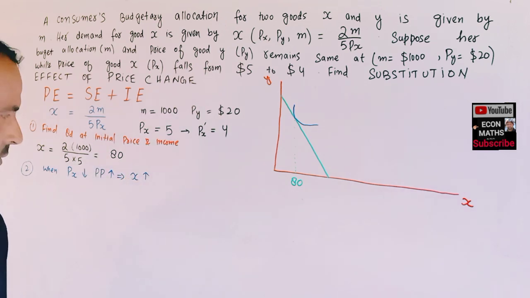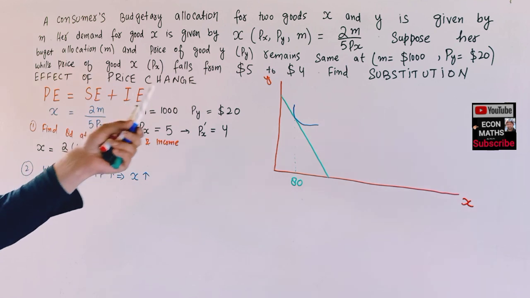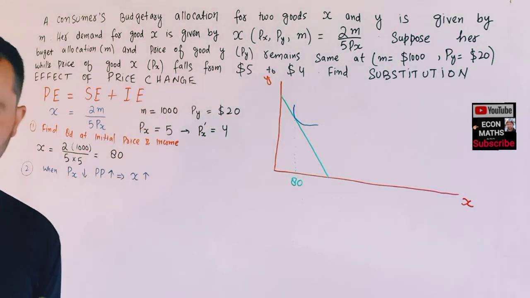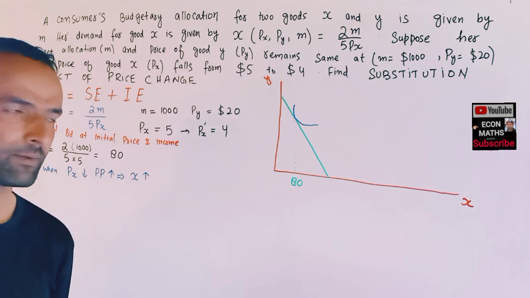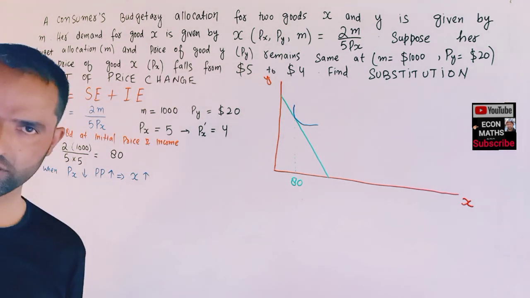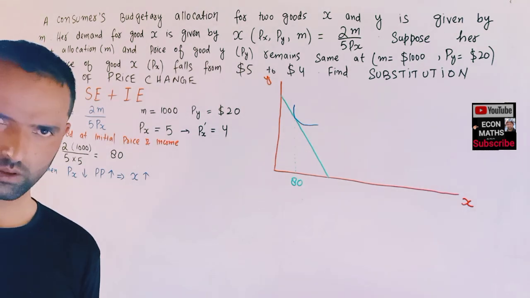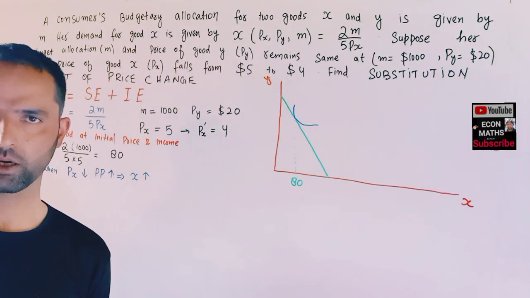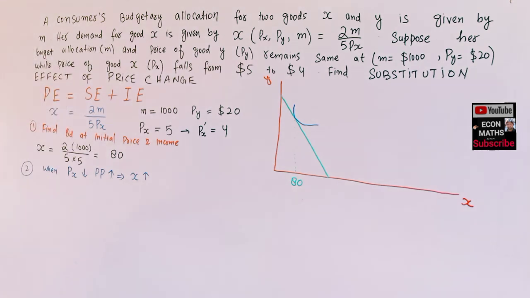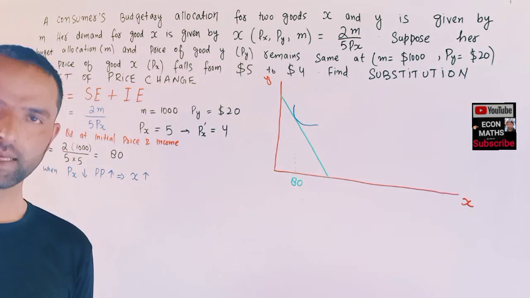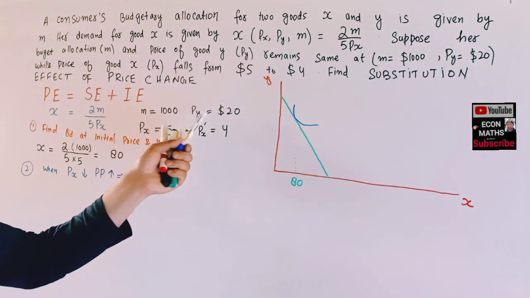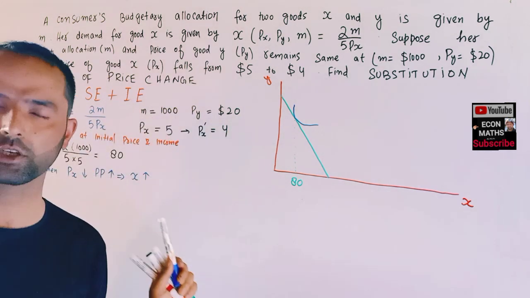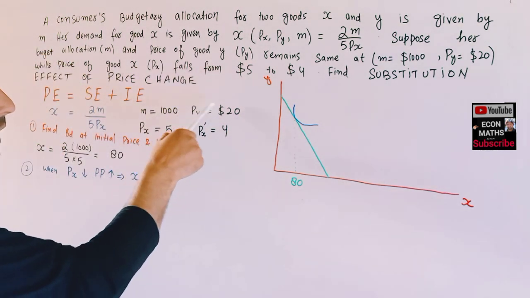Simple thing, when the price of the good has fallen from $5 to $4, the purchasing power of the consumer has increased. With the same $1,000 he can buy more units of good X, because his real income has increased because of the price fall. And obviously the quantity demanded of good X will increase. We are assuming that the price of good Y is constant. We have nothing to do with good Y here.